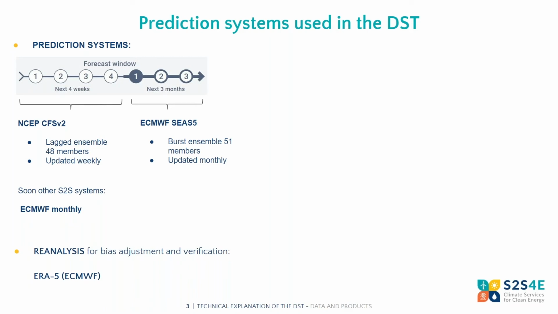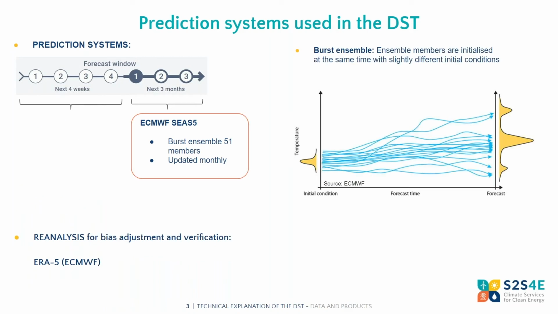So I'll go a bit more into detail. In the case of seasonal predictions, System 5 is an ensemble prediction system. This means that instead of one single prediction, as in a deterministic system, we have several members to give an indication of the uncertainty.